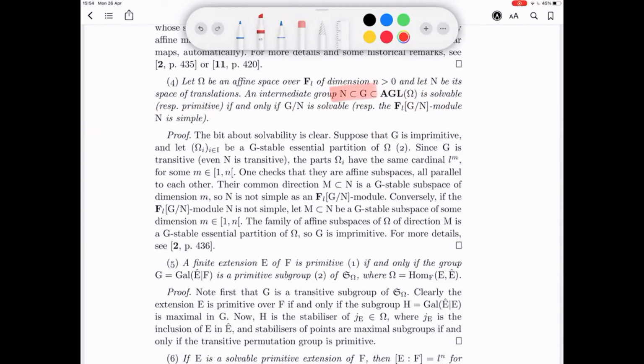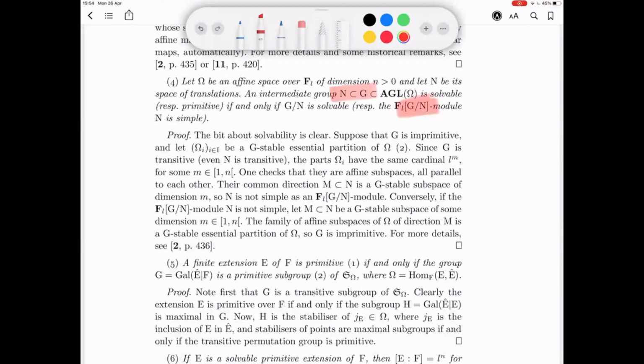That g n g inverse is again an element of capital N because N is normal in G. So that is the action of G on N. But what we want is an action of G mod N. Well, it descends to an action of G mod N because N acts trivially on itself, because N is a commutative group.